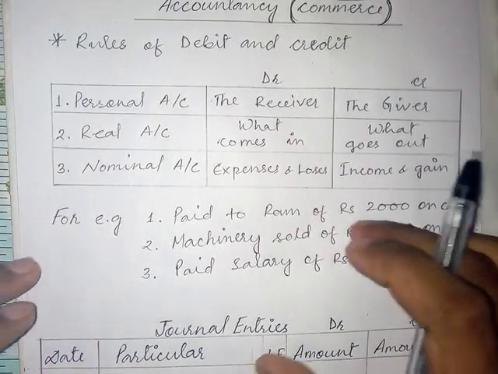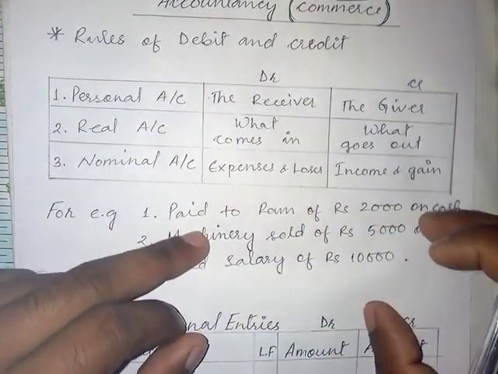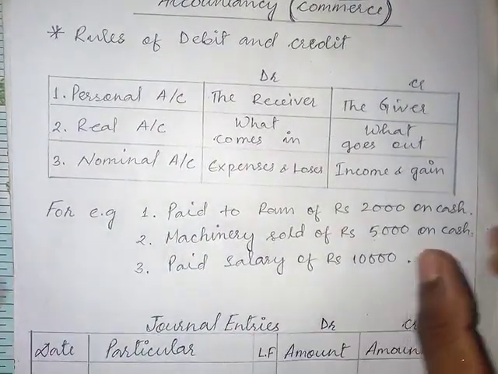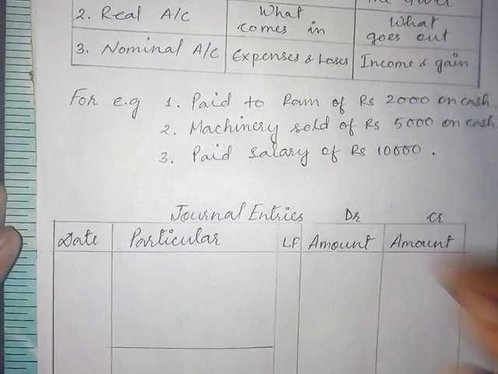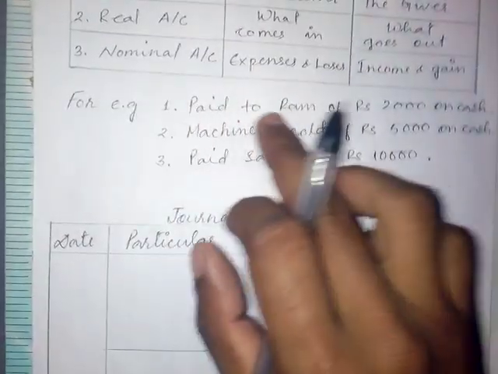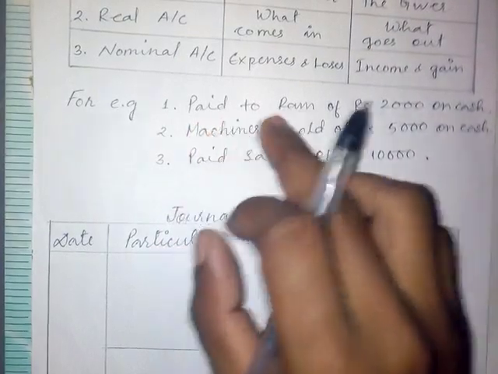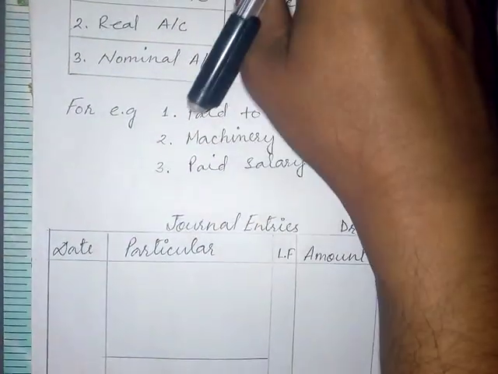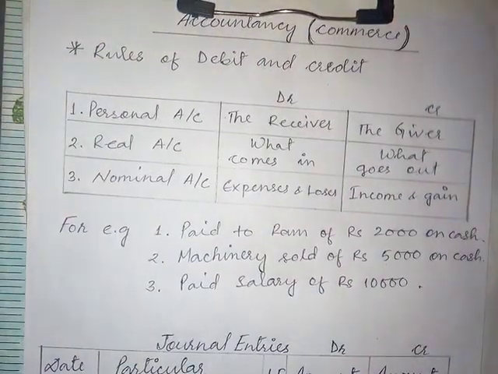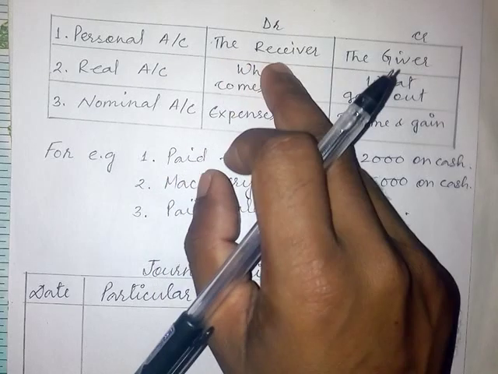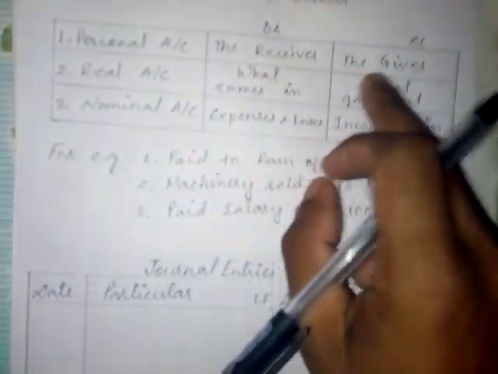Now we solve these examples in practical work. See the first sentence: paid to Ram of rupees 2000 on cash. I have already said this is the example of a personal account. In personal accounts, debit means the receiver and credit means the giver.